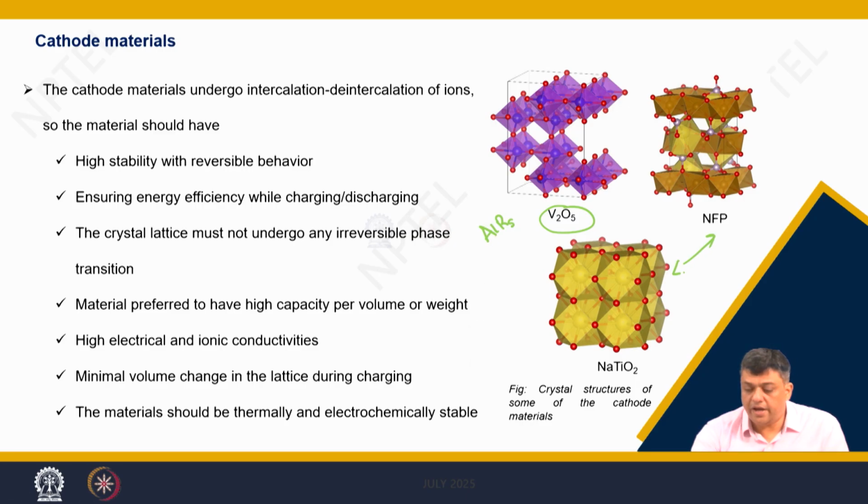Sodium iron phosphates and sodium titanates are being used in sodium ion batteries, and just by looking at the crystal structure, the way they are forming, you can clearly see that they will have different pathways for the electrolyte ions to go through, or they will have different nature of ions which would be exposed on their surfaces for undergoing electrochemical reactions.